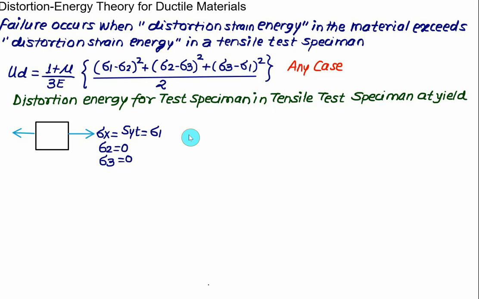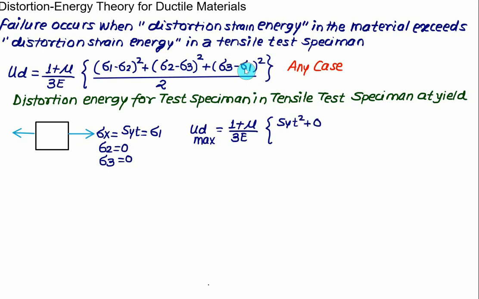So we get the maximum distortion strain energy for the test specimen equal to (1 plus mu) divided by 3E as it is, and inside the bracket we have sigma 1 whole square, which is SYT square. The second term will be equal to 0.